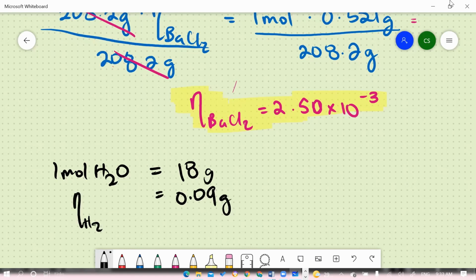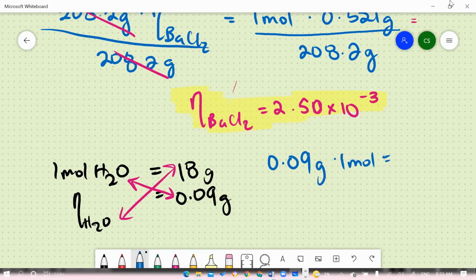0.09 grams of water is how many moles? What you're going to do is cross multiply. You get 1 mole H2O times 0.09 is equal to the moles of H2O times 18 grams.